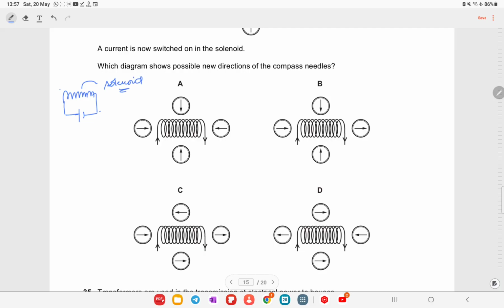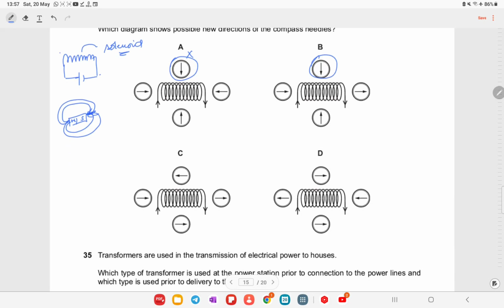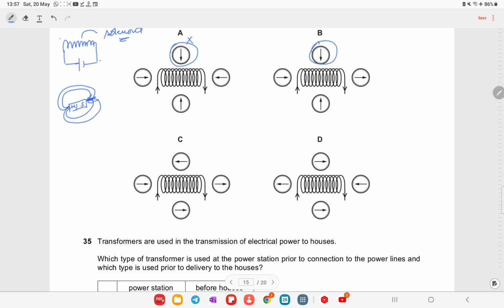So in this scenario, option A cannot be possible, because if you make the diagrams for the magnetic field, this is north pole and this is south pole. So you see this thing that the direction of the compass would not be like this in this scenario. So B is not, maybe C or D can be right answer.